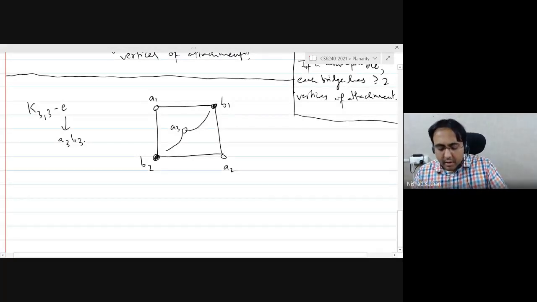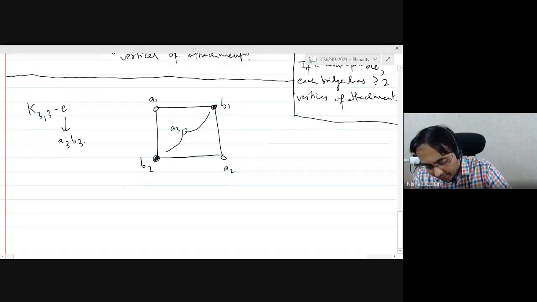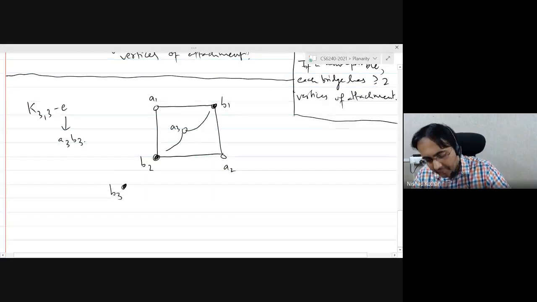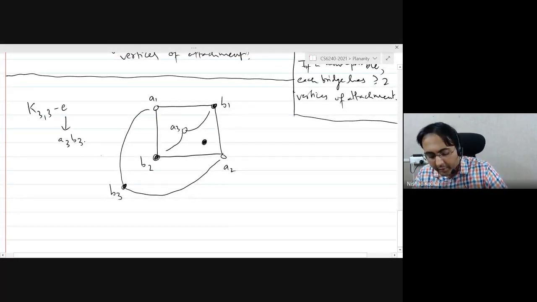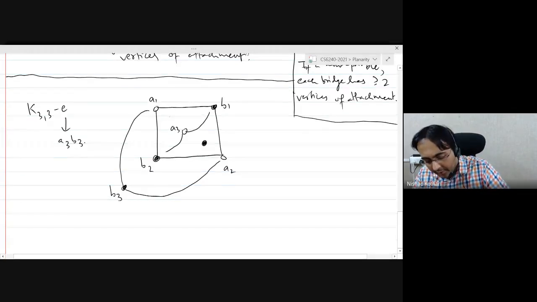Okay. So if I'm trying to get a planar embedding of K3,3 minus one edge, well, I will succeed. The constraint that is imposed is that we have to now put the vertex B3 outside because it needs to connect to A1 and A2. If I were to place B3 here, for example, I would be able to join it to A2 but not to A1. And a similar problem happens when I go here.